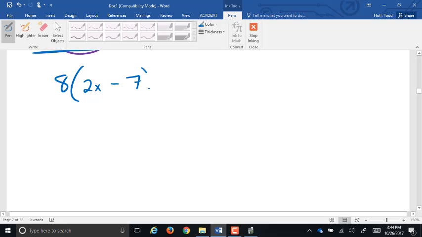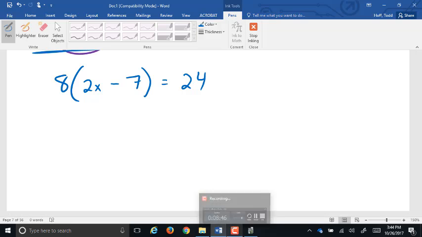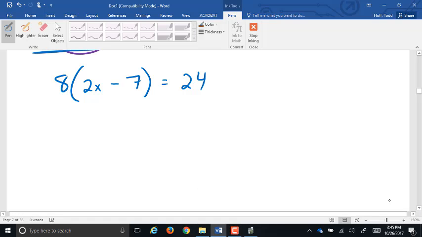to an equation like this. I want you to take a minute, see if you can remember how to solve that in your notes. So the first step here would be to do what? You see parentheses, so we've got to do something there first, which would be multiply by the 8. Good. 8 times 2x is 16x, and 8 times negative 7, negative 56.